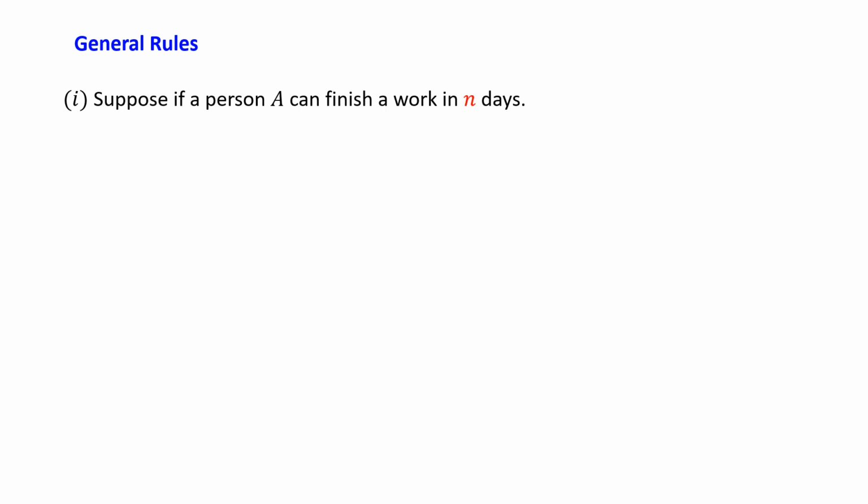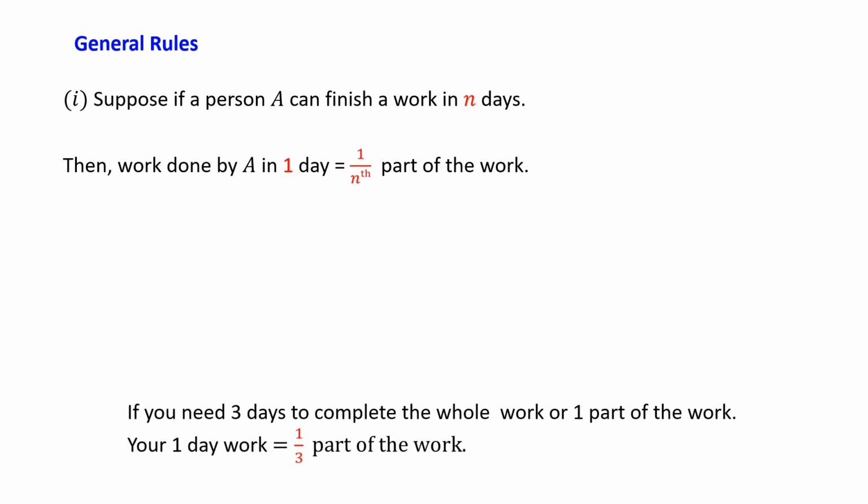Then the work done by A in one day is 1 by nth part of the whole work. So visualize this. That means if you need 3 days to complete the whole work, by the unitary method, for one day you will get 1/3 part of the work.